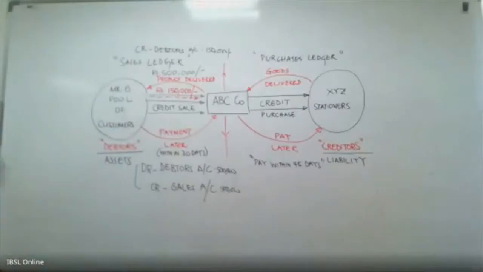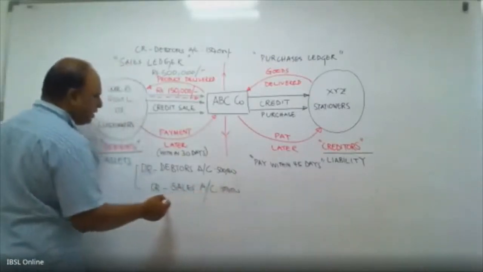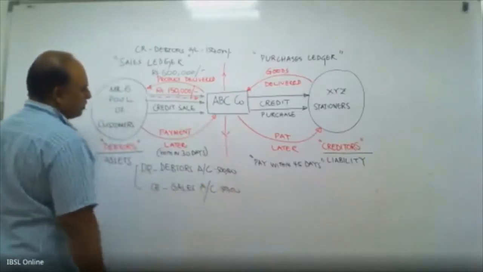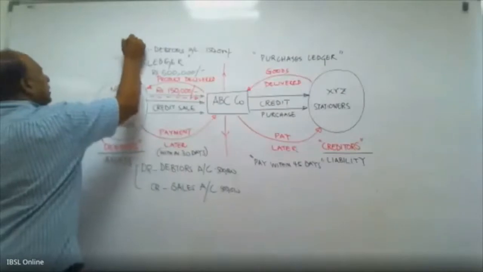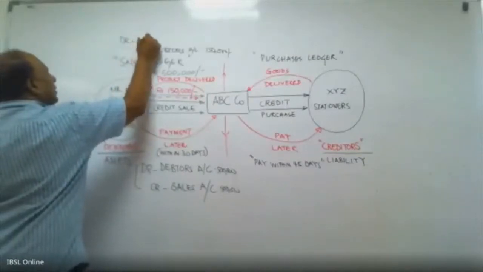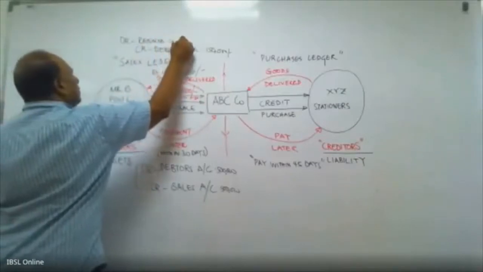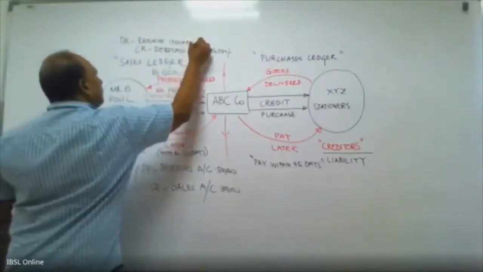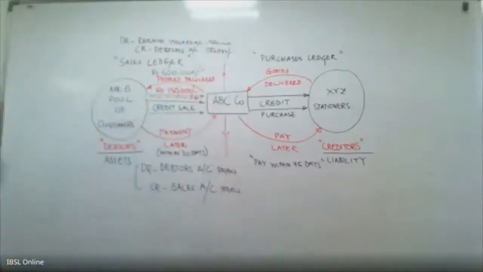But we don't reduce the sales amount by 150,000. Instead, we debit an account called returns inward, 150,000. That is the most important difference between the two.